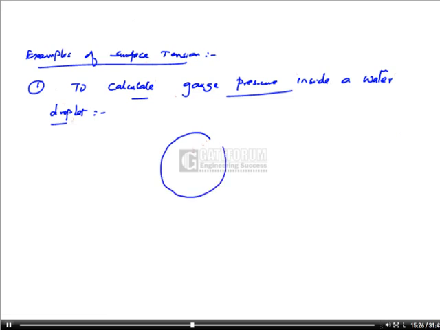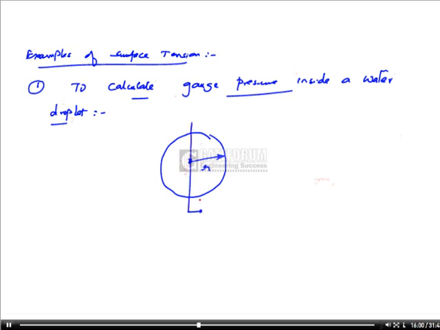I consider a water droplet of radius r. As I had mentioned earlier, the droplet assumes a spherical shape because of the surface tension. Because any system will assume stable equilibrium with the minimum potential energy, the shape of the droplet is spherical.